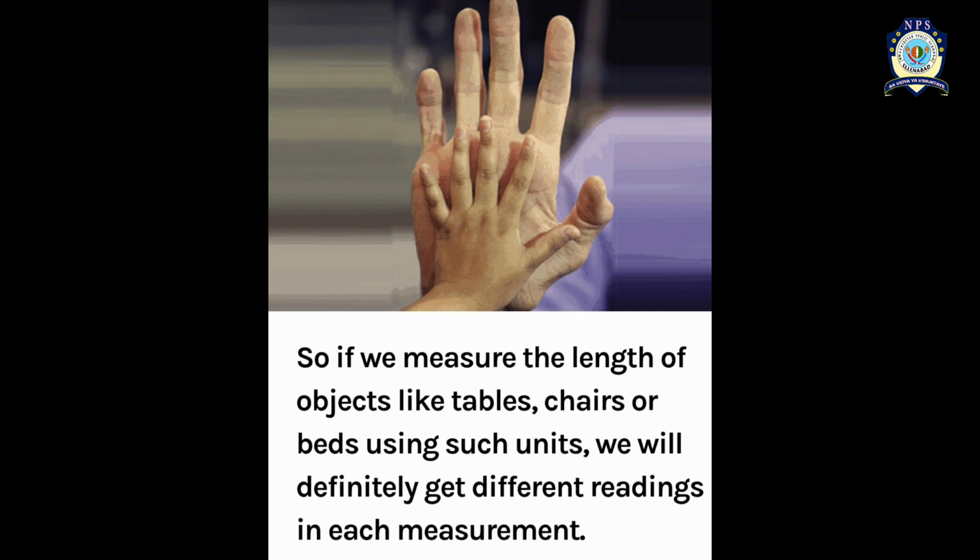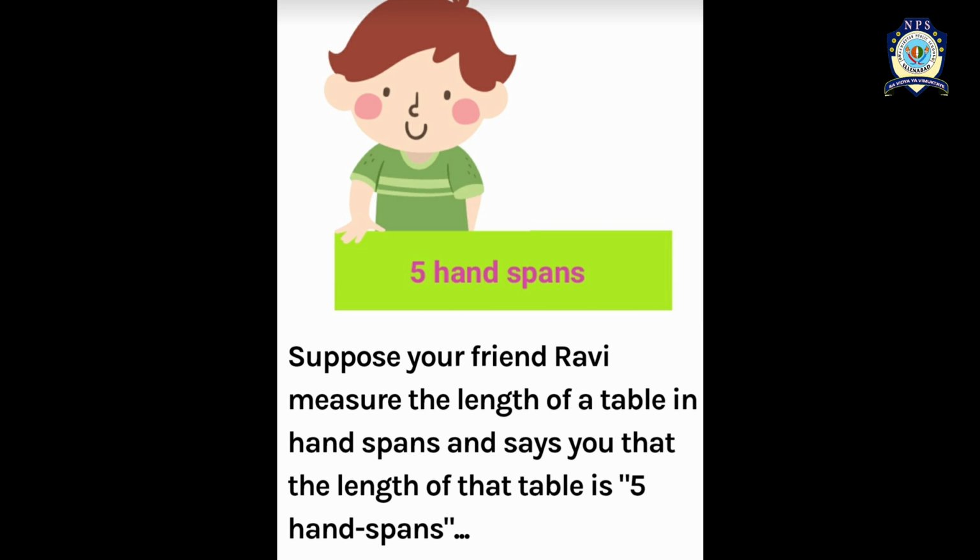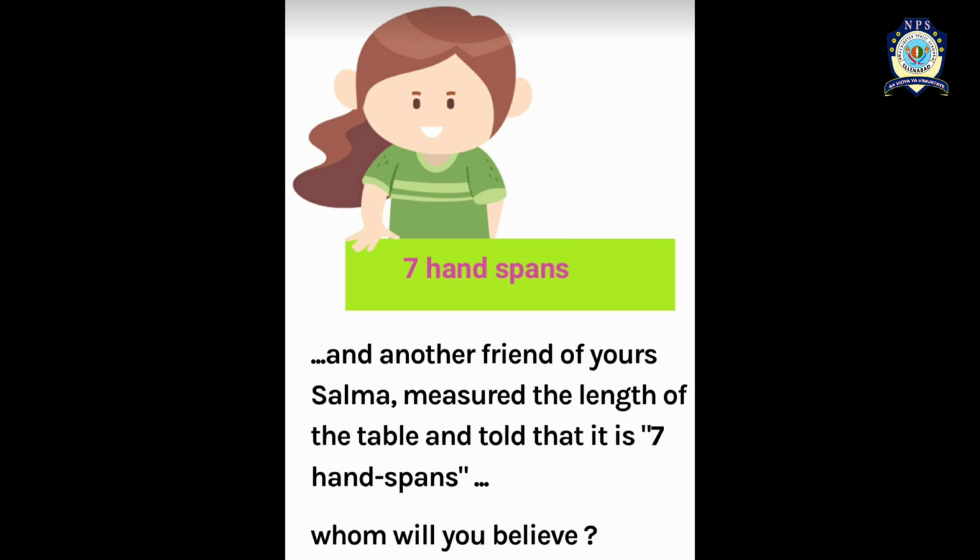So let's discuss with some examples. Suppose your friend Ravi measures the length of the table in hand spans and tells you that the length of that table is 5 hand spans. Now another friend of yours, Salma, measured the length of the table and told that it is 7 handspans. Whom will you believe?